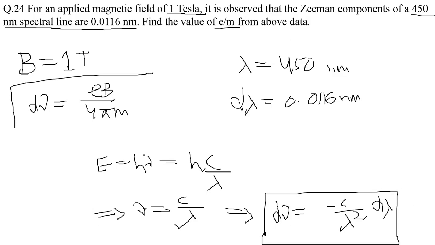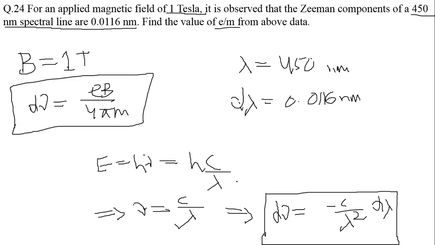But we know in the frequency domain the change in frequency is eB by 4 pi m. But here in the question we are given the wavelength and the splitting, which are also in wavelength units, that is, in nanometer.